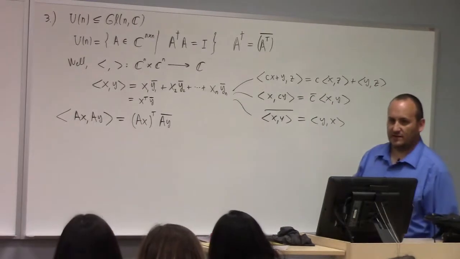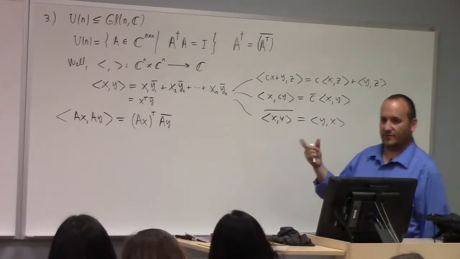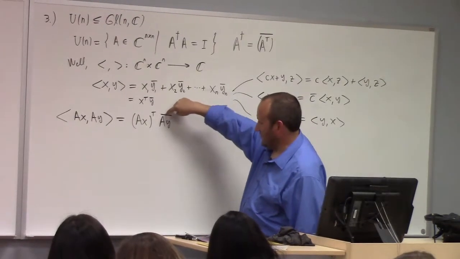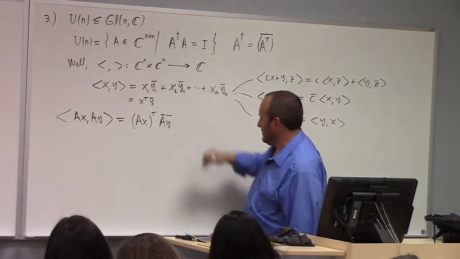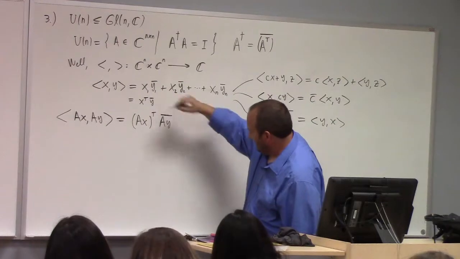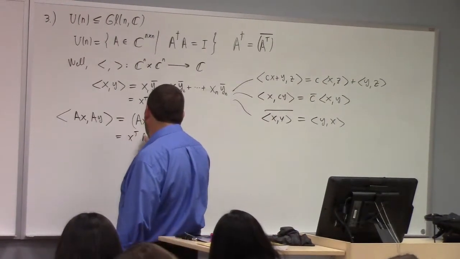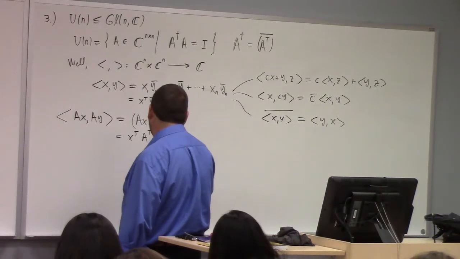Complex conjugate is nice, there's no socks and shoes. You just do this. Anyway, next step. This is X transpose A transpose A conjugate Y.